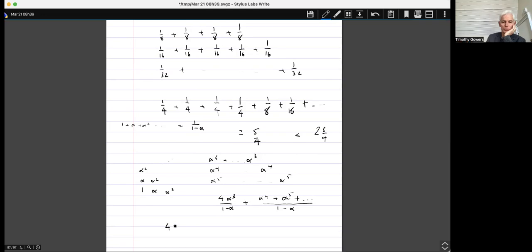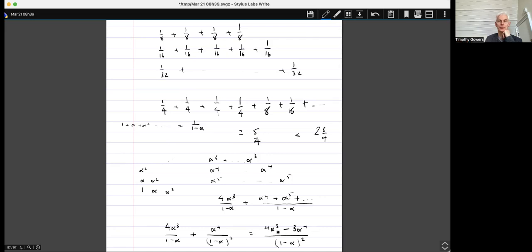So I get 4 alpha cubed over 1 minus alpha plus alpha to the 4th over 1 minus alpha squared, which is 4 alpha cubed minus 4 alpha to the fourth plus alpha to the fourth, so minus 3 alpha to the fourth over 1 minus alpha squared.